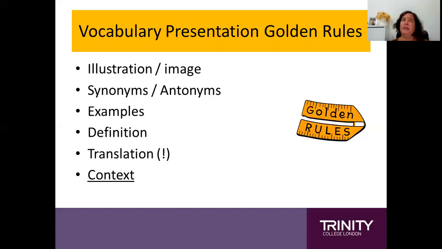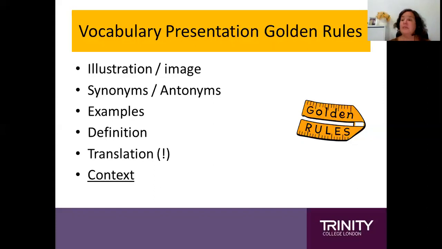You have to be very careful with definitions, because one of the problems I have had in the classroom is that sometimes you allow students to work with dictionaries, online dictionaries or traditional dictionaries, and sometimes the dictionary entry is even more difficult than the word that the students cannot cope with. So if you're going to provide definitions, make sure that the definitions are clear enough to help our students work out the meaning of a word.